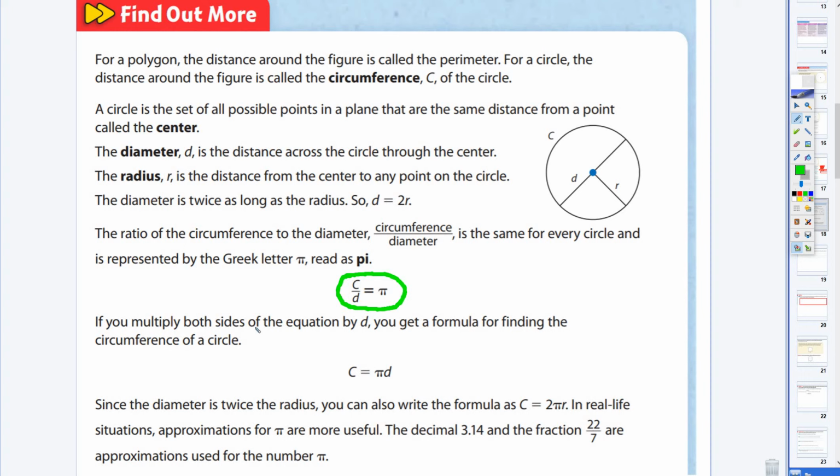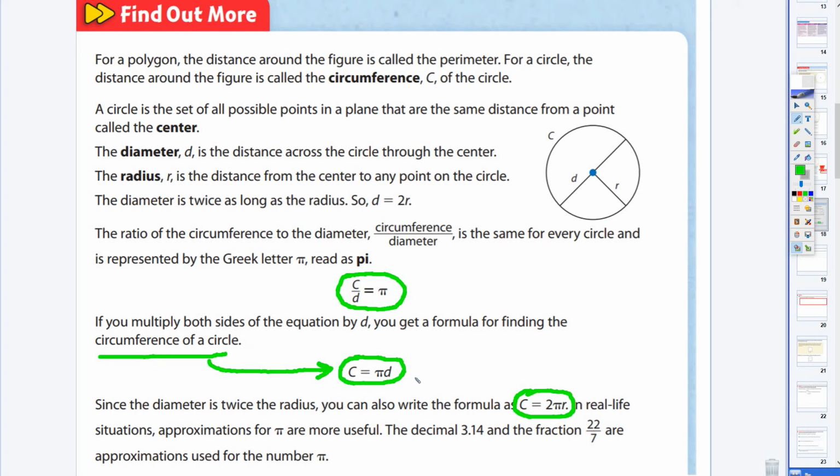If you multiply both sides of the equation by d, you get a formula for finding the circumference of a circle, and this is what you will see on your reference sheet. So to find the circumference of circles, it's pi times diameter. Since the diameter is twice the radius, you can also write the formula as circumference equals 2 pi r. 2 times pi times the radius.